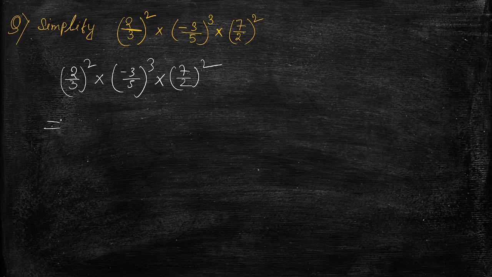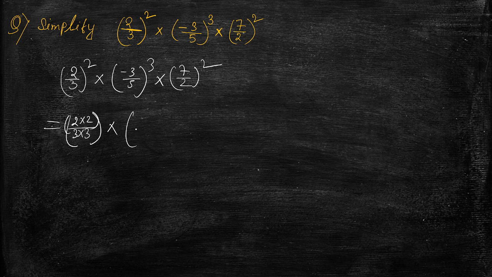So 2 by 3 whole square means you need to square both 2 and 3. So this is 2 into 2 divided by 3 into 3, multiplied by, this bracket will come on both, minus 3 into minus 3 into minus 3, that means 3 times.